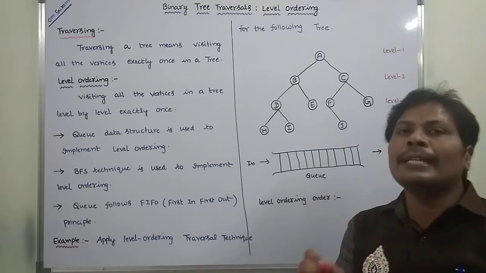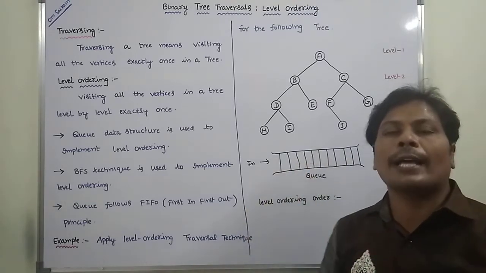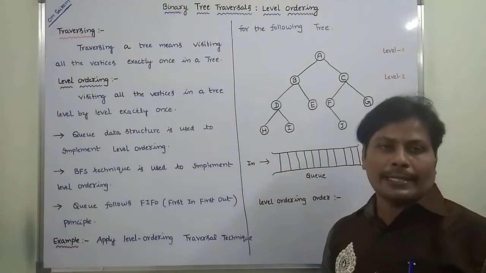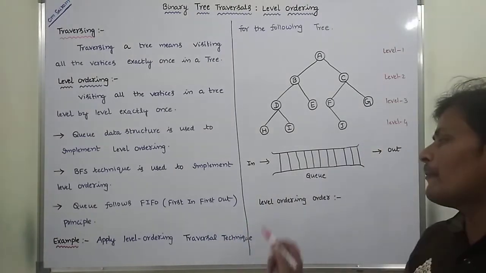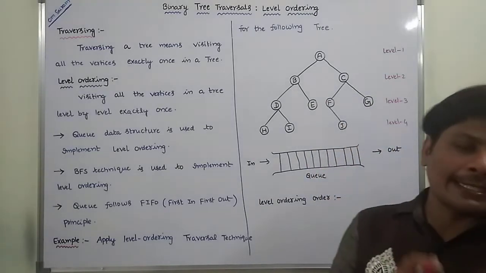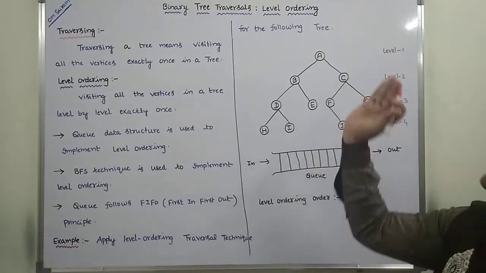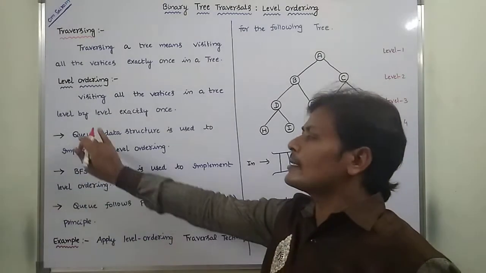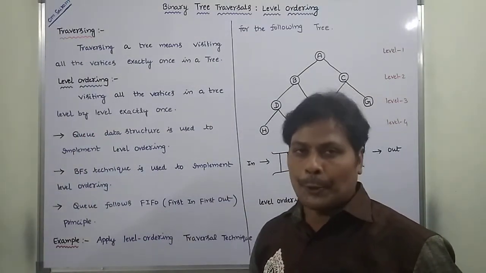Whichever element enters the queue first is removed from the queue first. That is the FIFO principle. The BFS technique is also used in level ordering, and to implement BFS, the queue data structure is used.